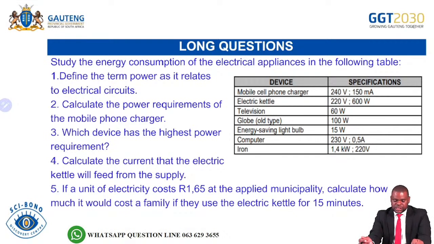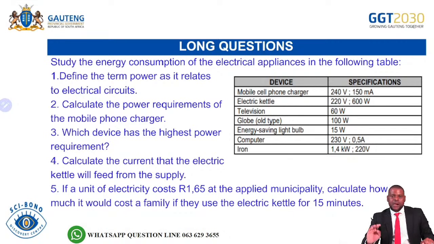Then the first question says, define the term power as it relates to electrical circuits. That is the same definition that we gave before. Power is the rate at which electrical energy is converted in an electric circuit.